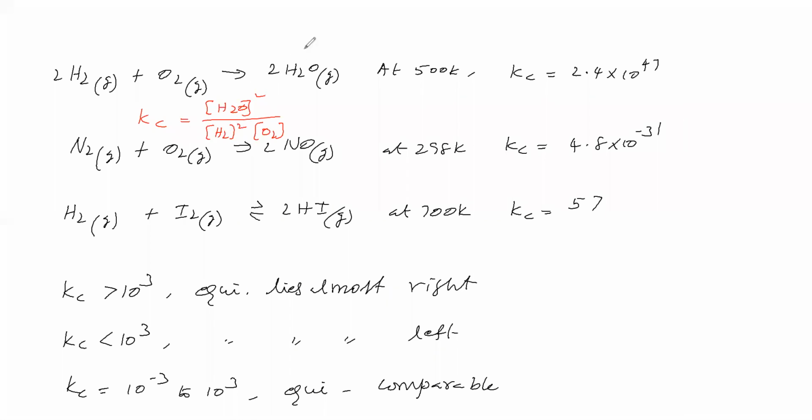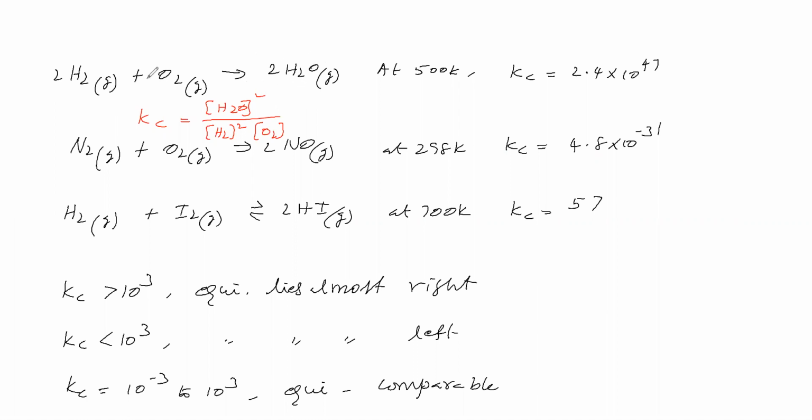That means right side concentration is much greater than left side concentration. That means left side concentration is negligible compared to right side concentration. Left side means H2 and O2, right side means water.